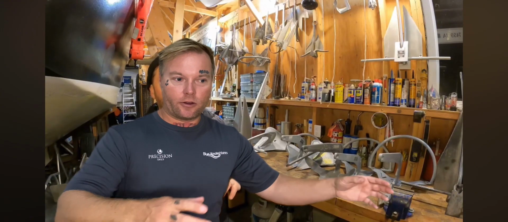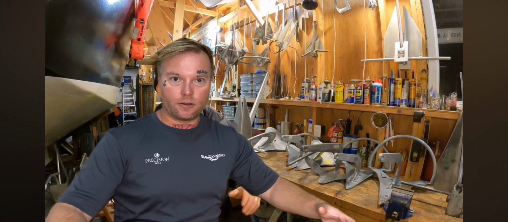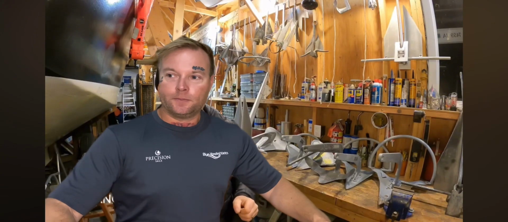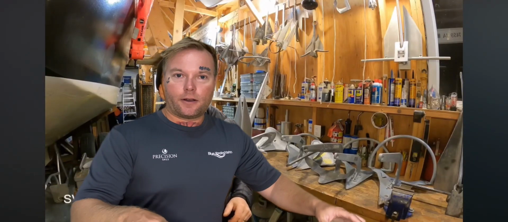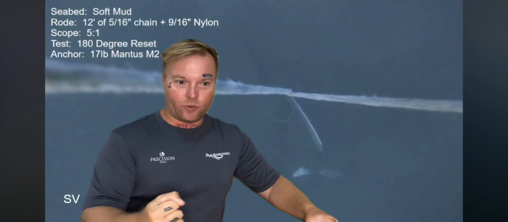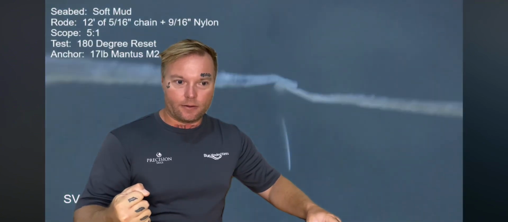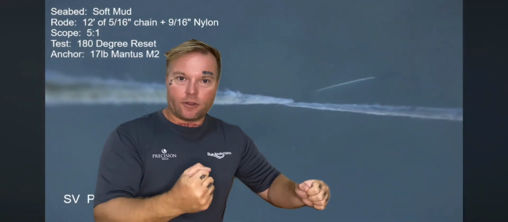When the anchor sets and it's slowly loaded and slowly settles into the substrate, into the seabed, then you have a good hold, and gradually loading the anchor with the weight of the scope of the chain on the bottom, you have a good set.